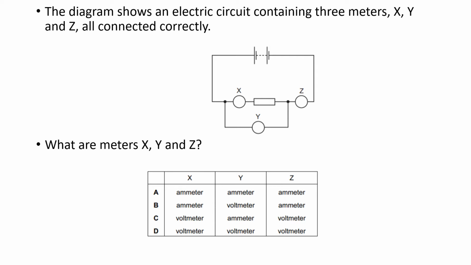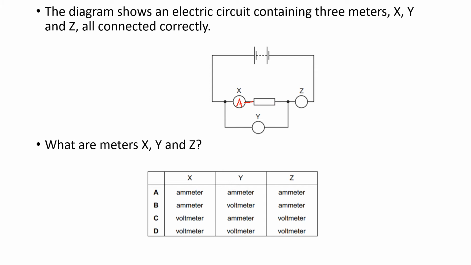If you are getting a circuit like this, always keep in mind that the ammeter in the circuit is always connected in series and the voltmeter is connected only in parallel. Here X is in series, so this is an ammeter.